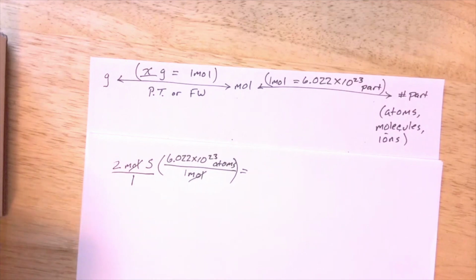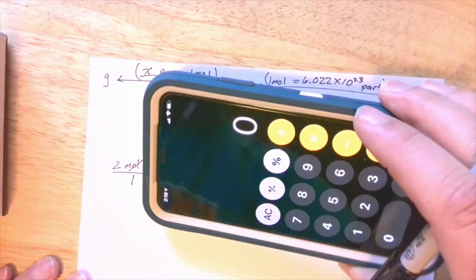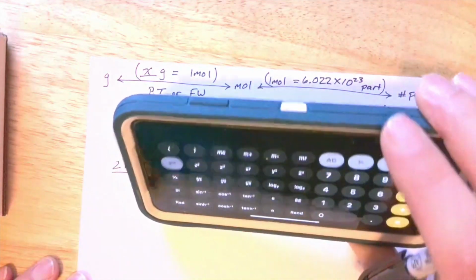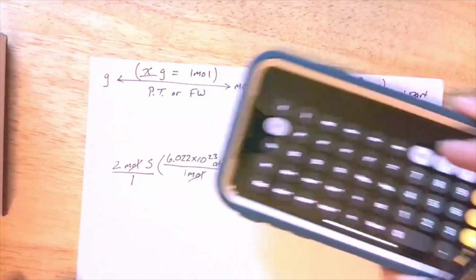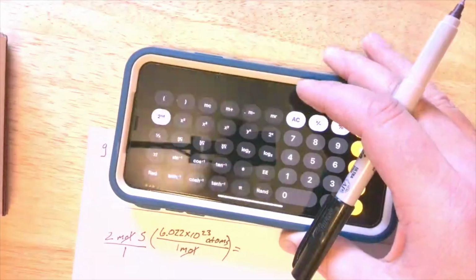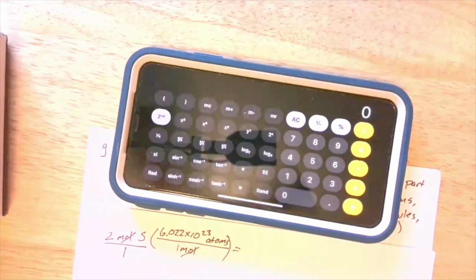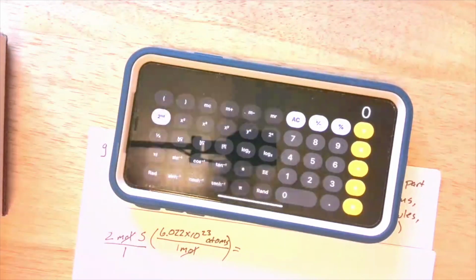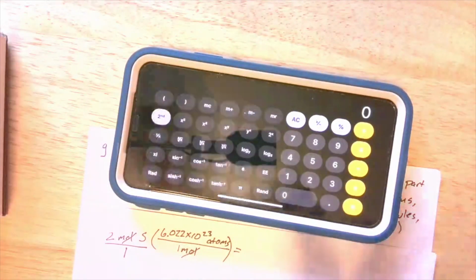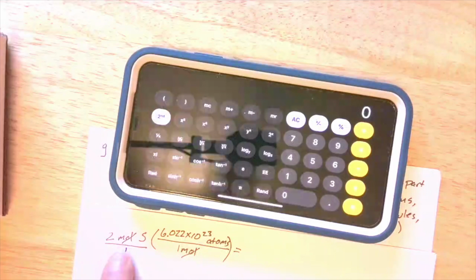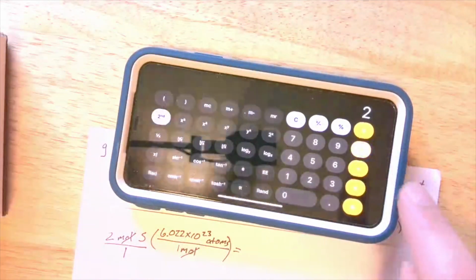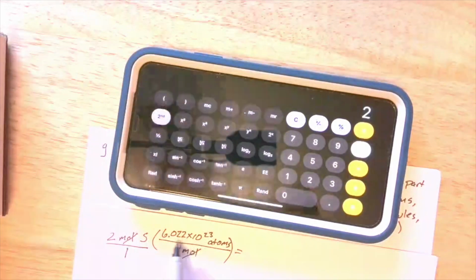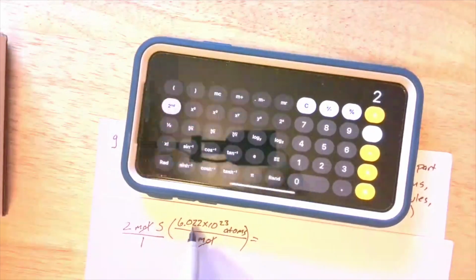So if we do this, if you have an iPhone, just flip it up onto its side. So in order to go from 2 moles, sorry for the flickering from the ceiling fan here, I start with 2 times, and we'll be multiplying by Avogadro's number.